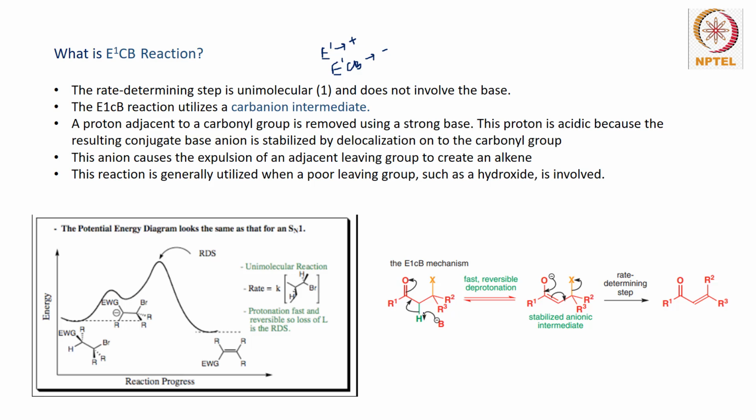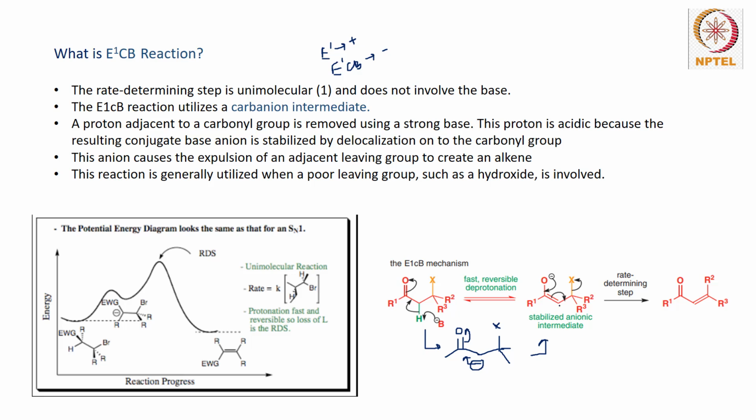So this hydrogen atom will be removed and it will generate this carbanion, and this carbanion has stability from this carbonyl group, and we will get this stabilized anionic intermediate.